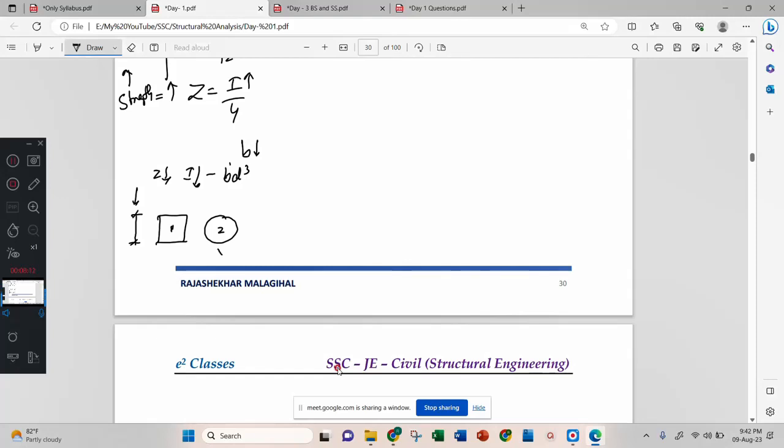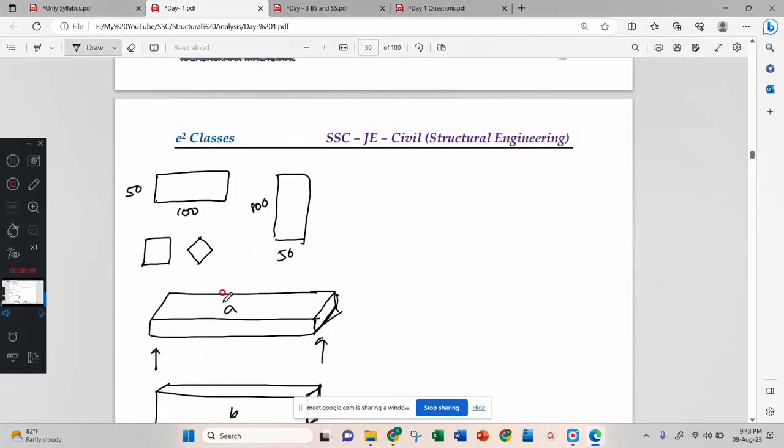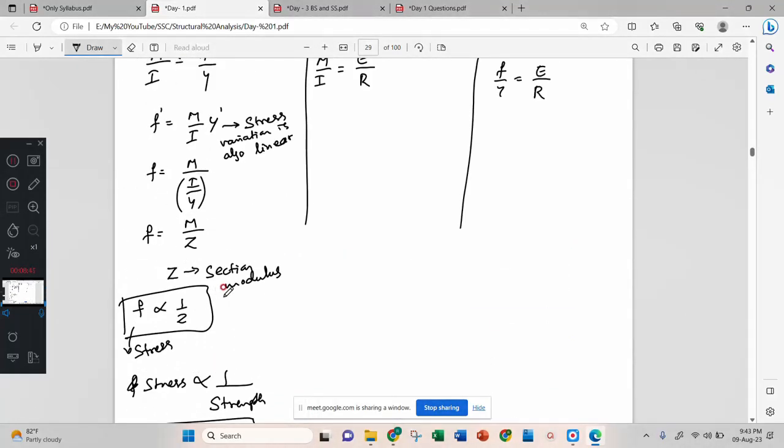No. This is more strength. Why? Just calculate I and y for the square, and I and y for the circle. Then check z. Then obviously this z will be more. Therefore this will be good strength, and this will be less strength. Right? This is all about this side.